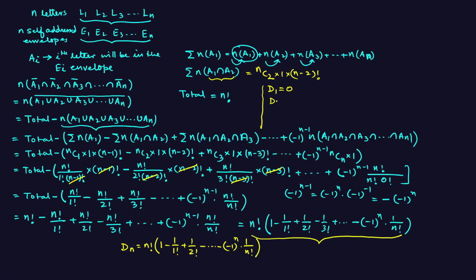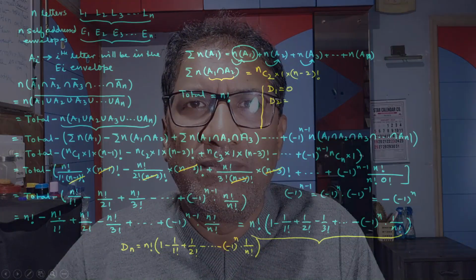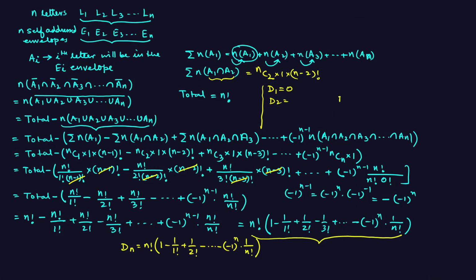What about D2? What is D2? D2 is basically there are two letters and two self-addressed envelopes. In how many different ways can you derange them? See this one? Suppose these are my two letters, letter 1 and letter 2, and these are two envelopes, say E1 and E2.